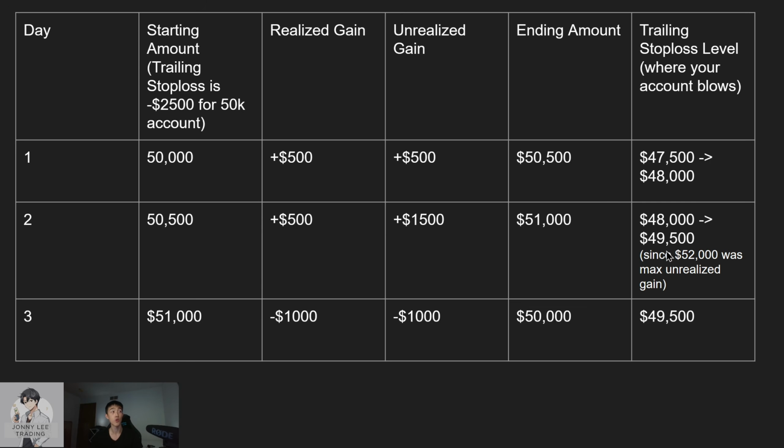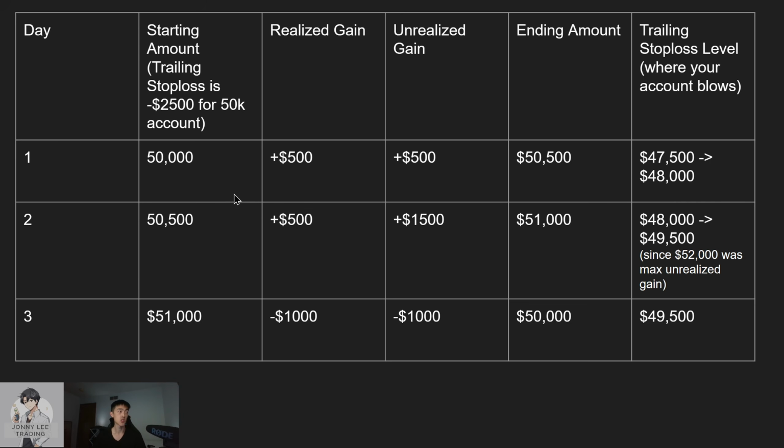Well, your stop loss and your ending amount on your account's $51,000. But look closely. Your trailing stop loss has actually gone up $1,500 because that's what your unrealized account has raised. So now you will get your account blown at 48,000 plus 1,500, so $49,500.